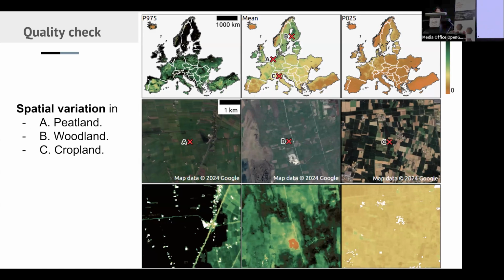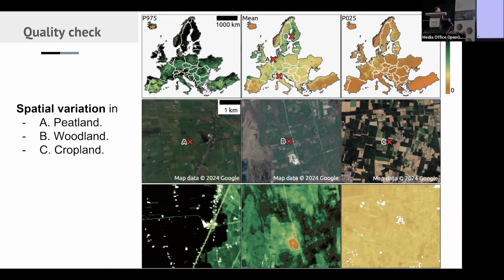And that's the results. On the top rows, you see the general maps of soil carbon predictions. On the left is the upper bound of the uncertainty estimation. In the middle is the mean prediction. On the right column, you see the lower bound of the uncertainty estimation.